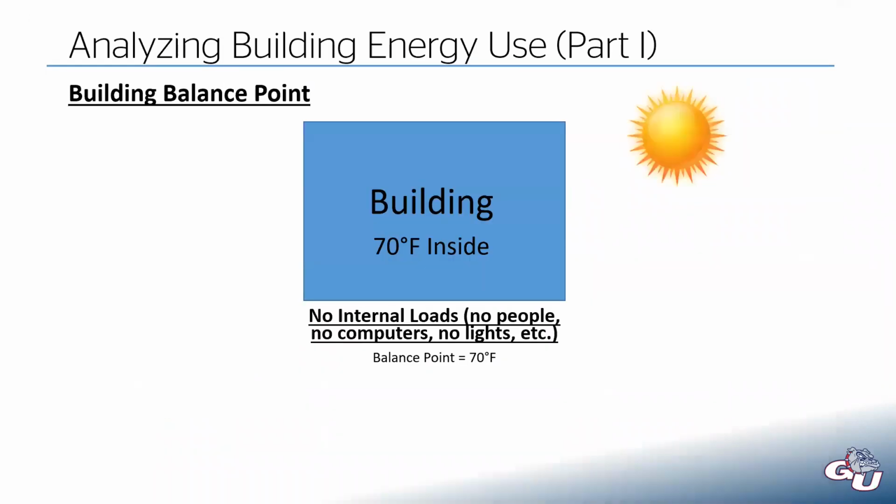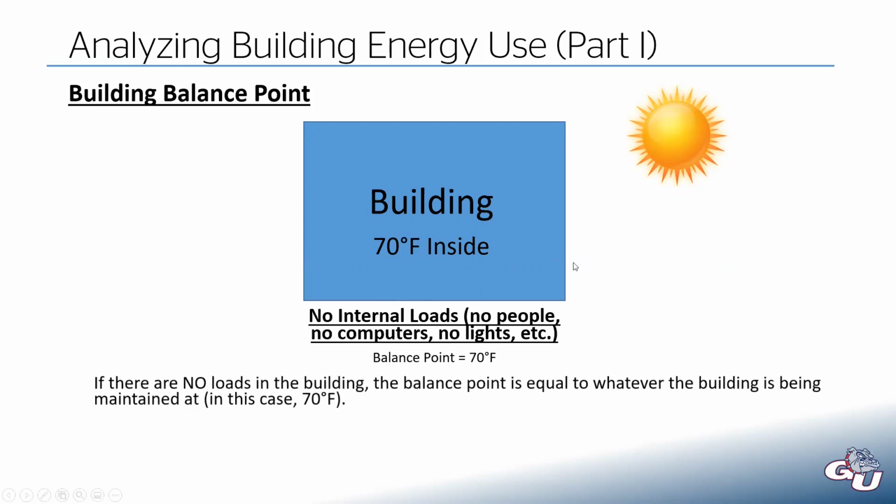To try and illustrate this idea of internal loads, if you had a building that you're maintaining at 70 degrees and it is completely empty, so no people, no computers, no lights, there's nothing in this building, your balance point is going to be 70 degrees.